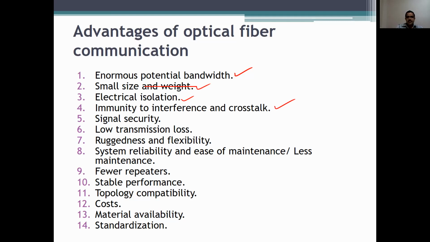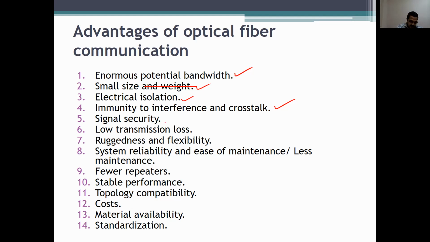Such noise disturbances you may get in the case of normal copper or landline communication. But that will not happen if you are using optical fiber, because light will not leak between two communication channels. Light will not mix with each other, and because of that, there is no interference and no crosstalk between the neighboring communication channels.